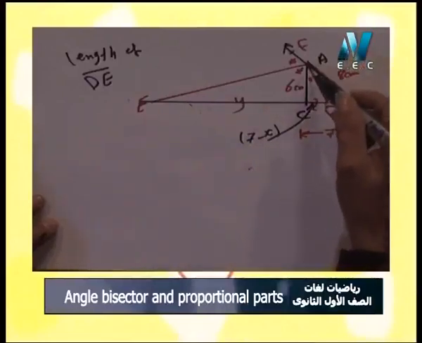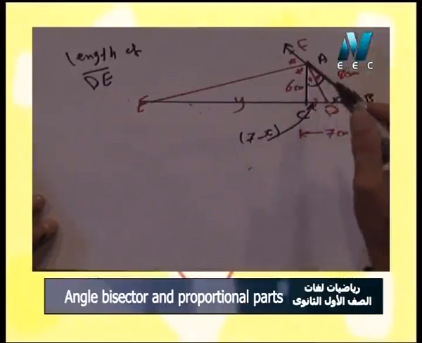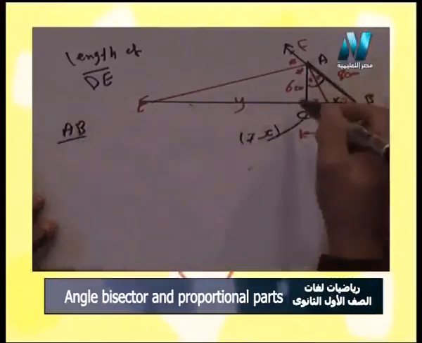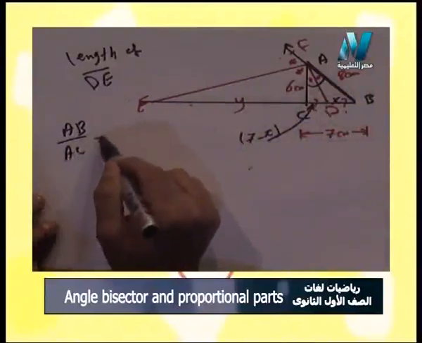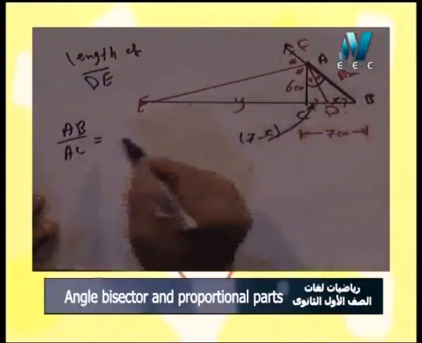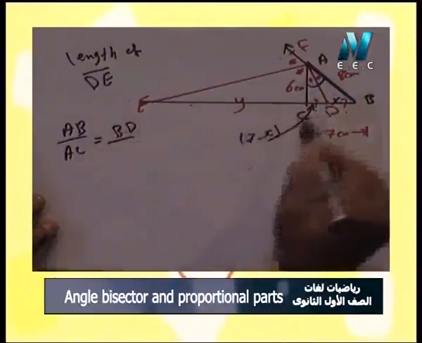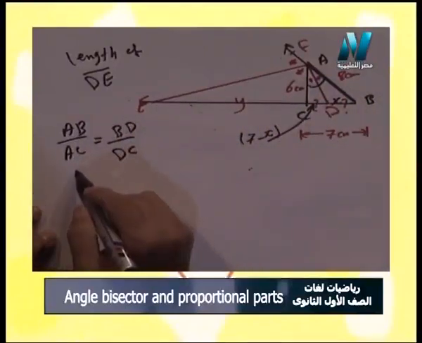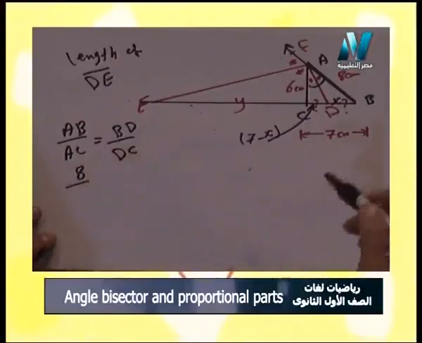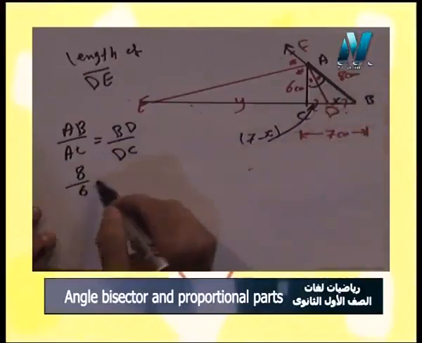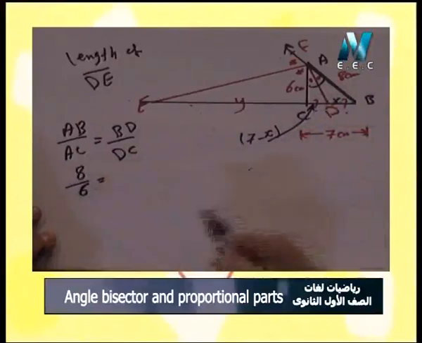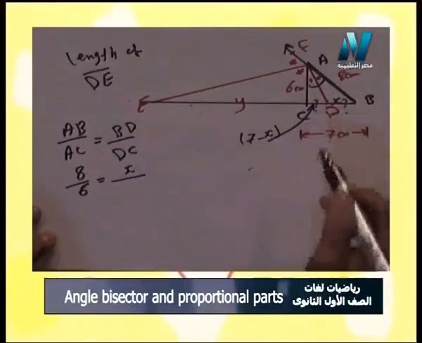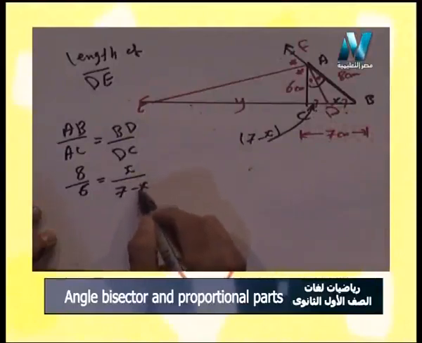We have AD bisector, so we can say AB over AC equals BD over DC. AB equals 8 centimeter and AC equals 6 centimeter. BD is x and DC equals 7 minus x.